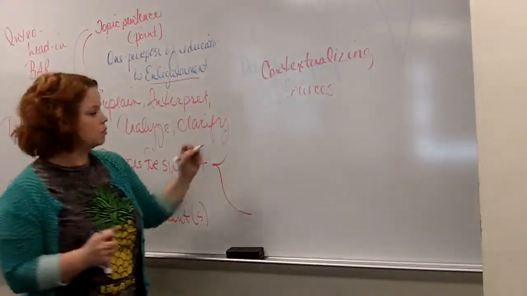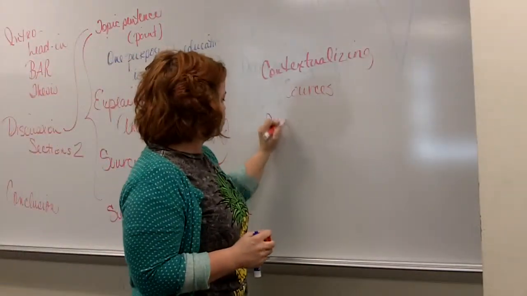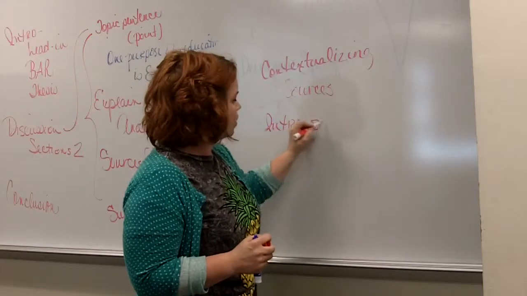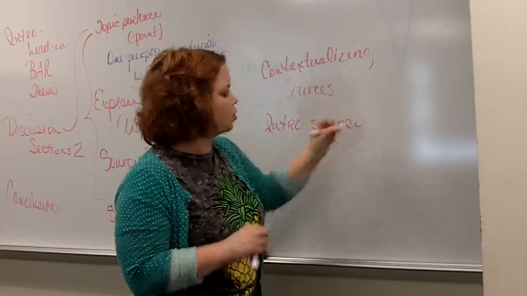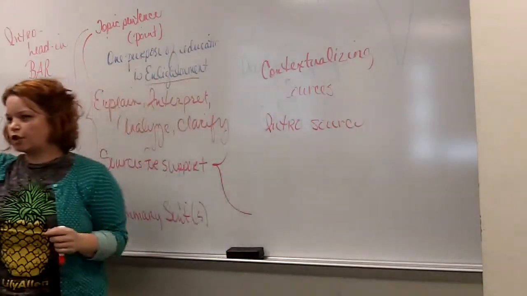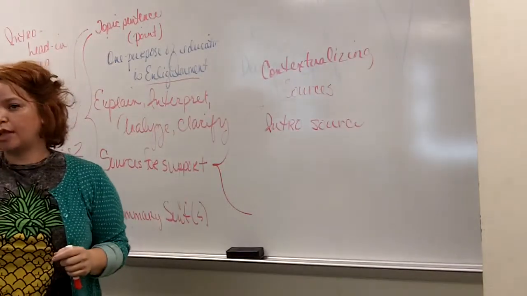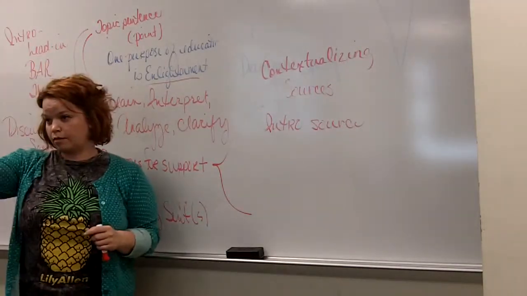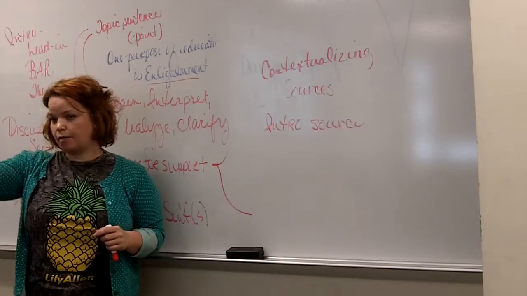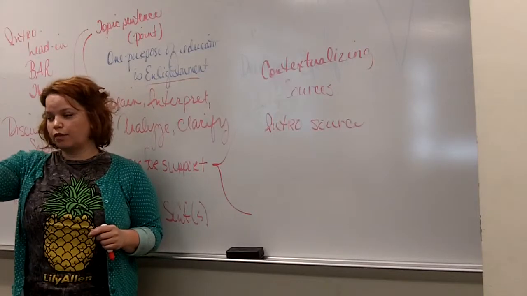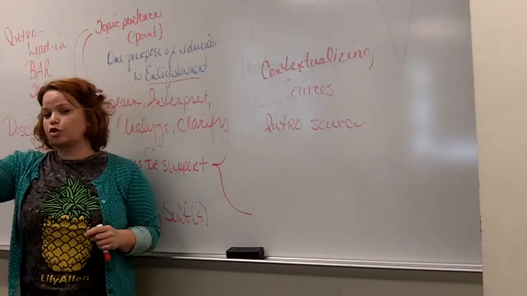Oftentimes what you're going to do is you will introduce your source. That means the first time a source appears in your paper, its first and last name and the title of the source where it comes from. First, last name, title of the source where it comes from. The first time it appears in your paper, you need to introduce your source.